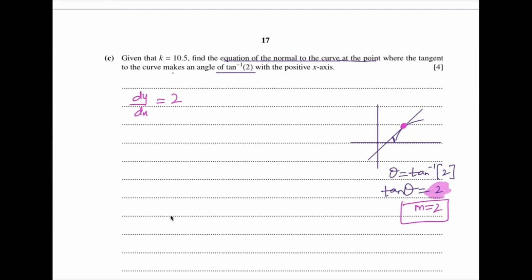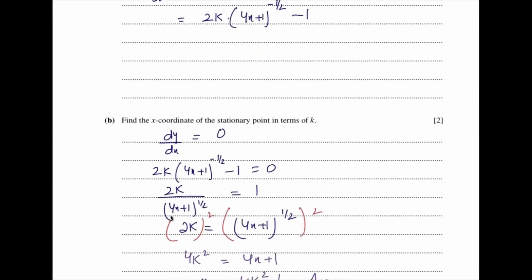Now, the tangent makes this angle with the positive x-axis, but we need to find the equation of the normal. The gradient of the normal line would be minus 1 upon 2. Just remember that.